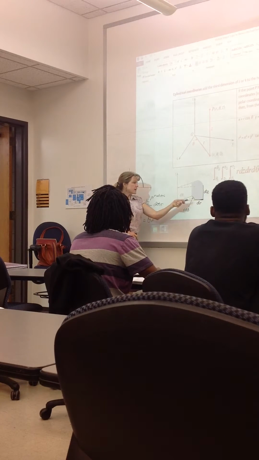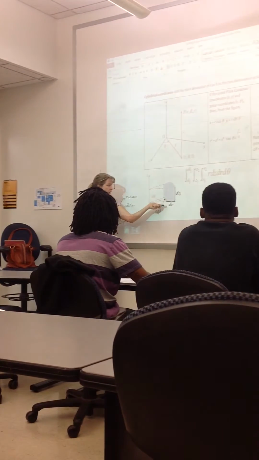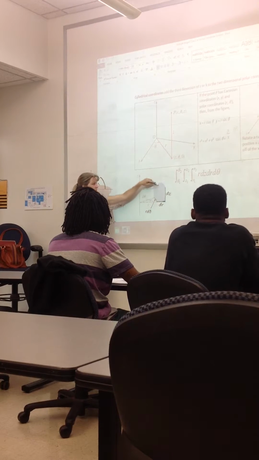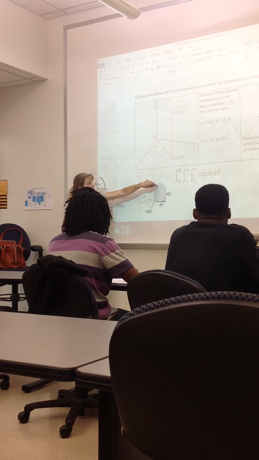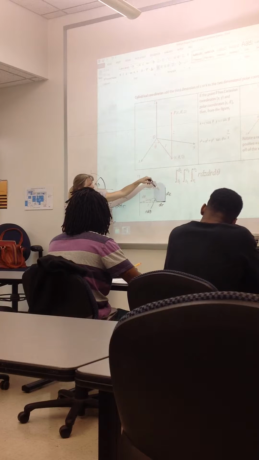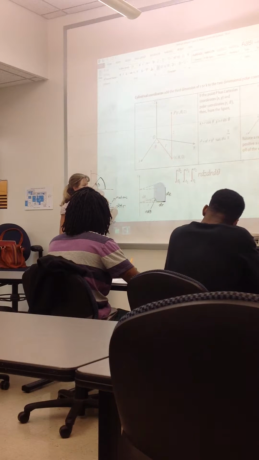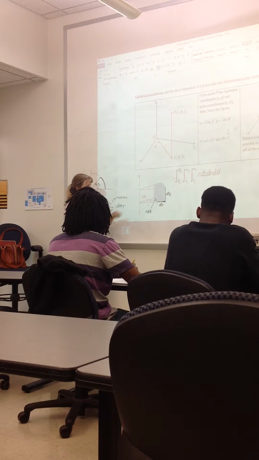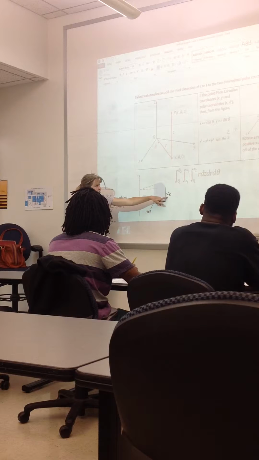So length times width times height, if I multiply these three together, I will get a volume in cylindrical coordinates. I'm still trying to represent volumes, so I need 3 dimensions. This is representing 1 dimension, a 2nd dimension, a 3rd dimension.